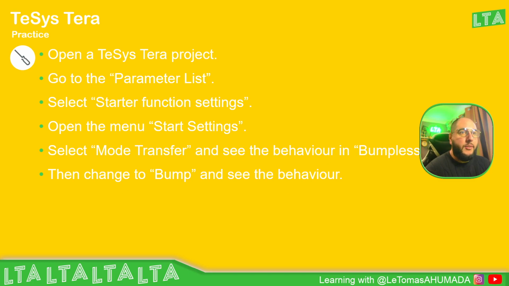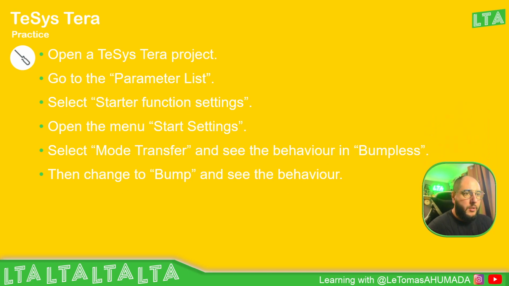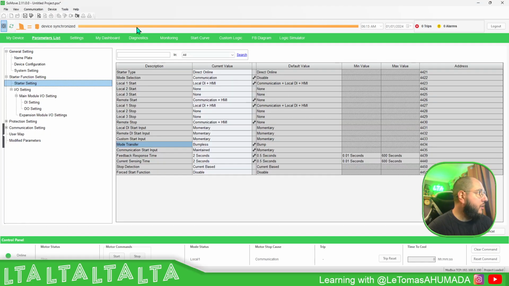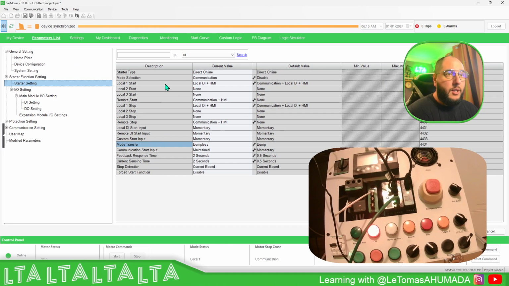Okay, this is bumpless. So right now I am connected to the TeSys Tera. Right now it's in local 1. Local 1 is for DI, so I should be able to control over DI. Let me set the camera. Okay, so let's see if the camera is working.